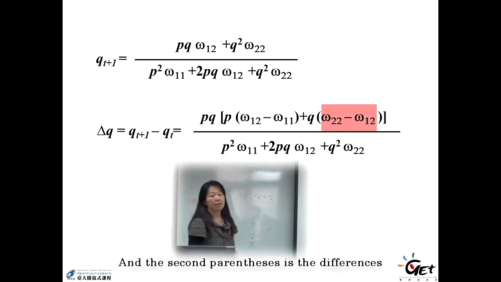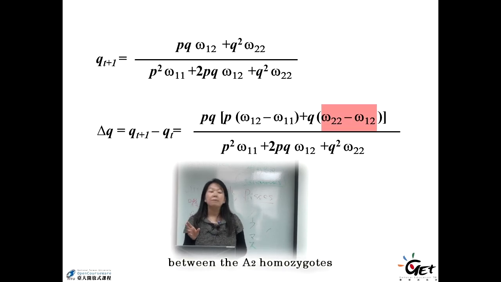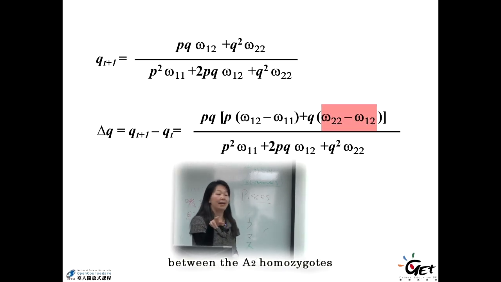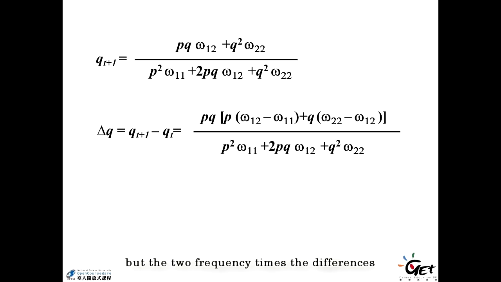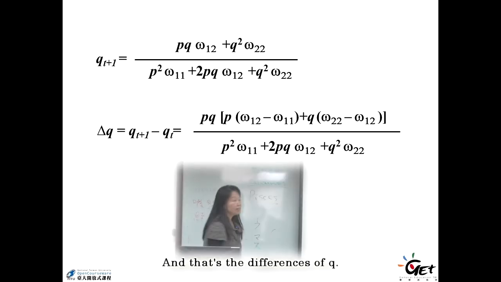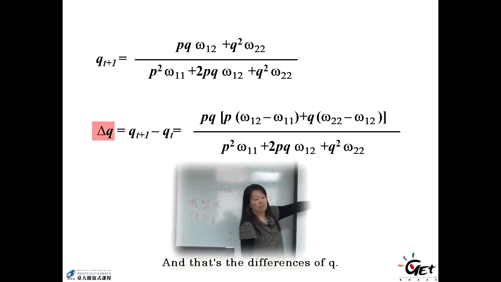The second parenthesis is the difference between the A2 homozygous and the A1A2 heterozygous. So although the formula looks complicated, it is the two frequencies times the differences between the homozygous and heterozygous fitness. That's the explanation for this calculation, and that's the difference of Q.